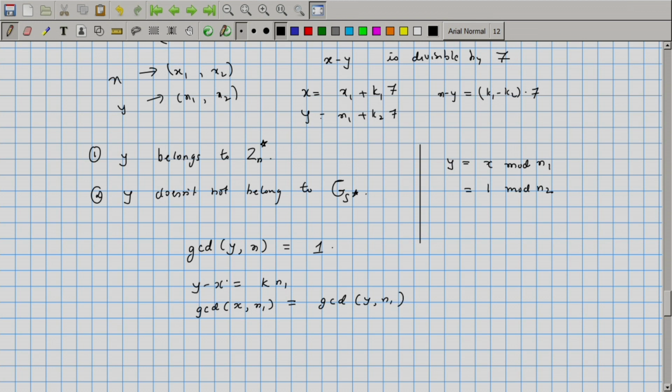Okay. Because from this equation, if x and n1 had a common factor, okay, any common factor of x and n1 would in fact be a common factor of y. Okay. So, GCD(x, n1) would be equal to GCD(y, n1).